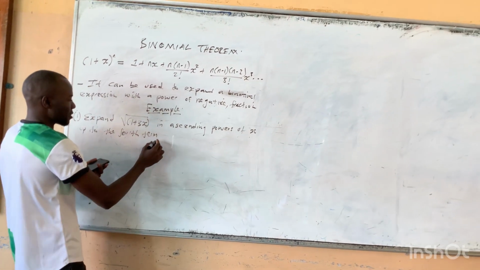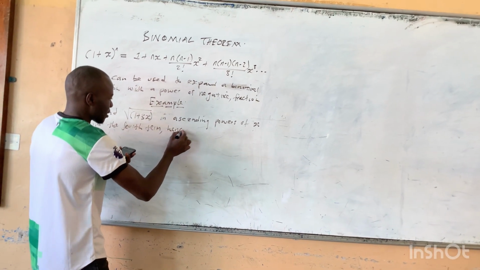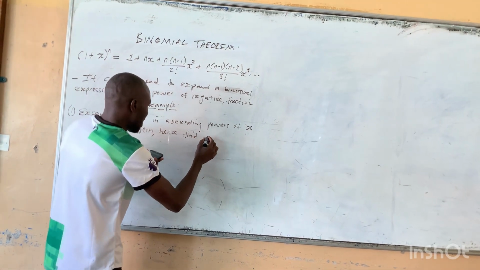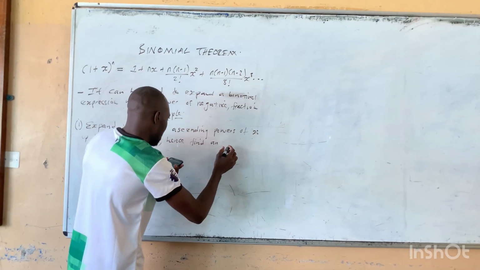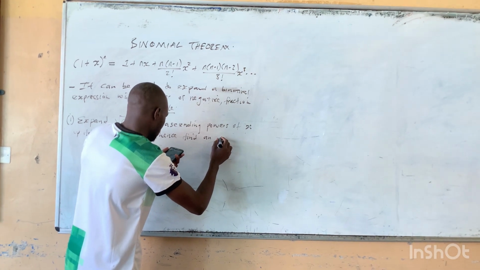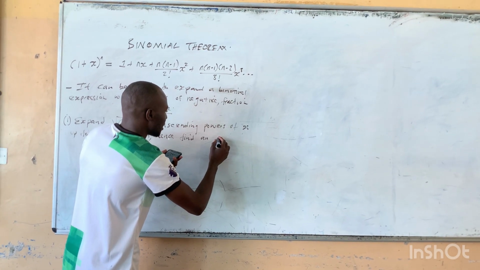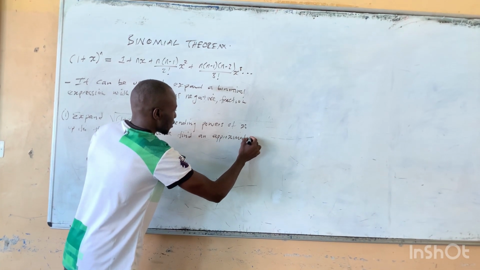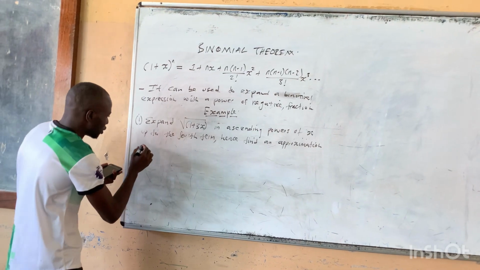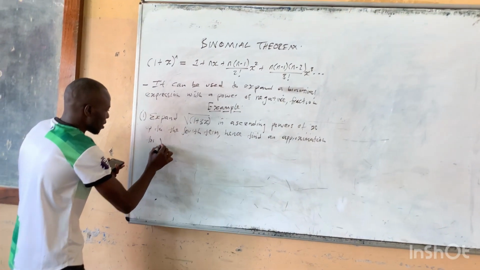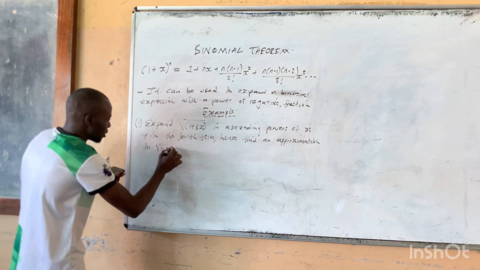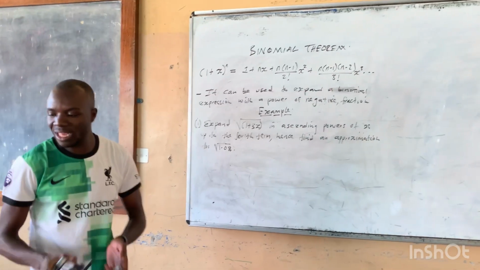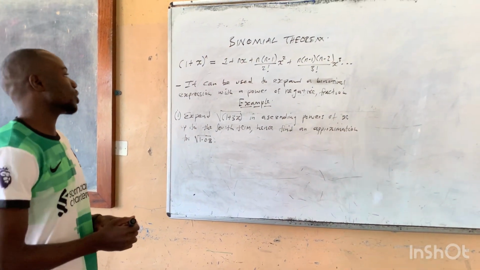Hence, find an approximation for square root of 1.08. So that's the question which we are given here.